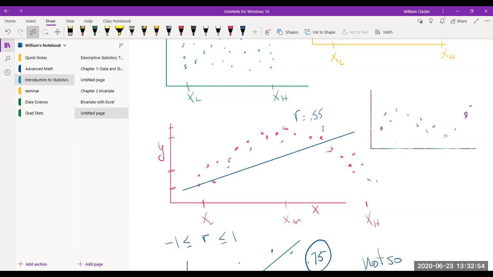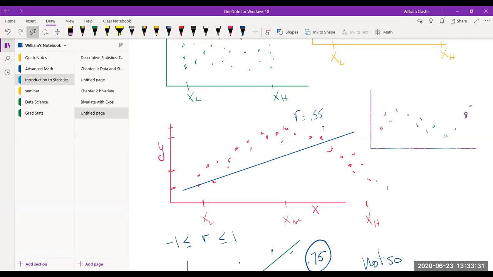There's a strong relationship between X and Y, but it doesn't have a high correlation coefficient because it's not linearly related. So you have to be very careful about that. It's kind of a bad choice of words in the statistical language, because when you think of the word correlation, if you say it's got very low correlation, you immediately think, oh, it's not related. But that's definitely not true. Okay, so that's a bad decision that scientists made to use that word, correlation.